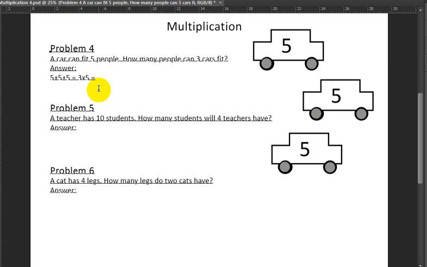I'm going to say the song of 5 until the third number because I'm multiplying 5 with 3. So I would say 5, 10, 15. The answer is 15. And I should write that 3 cars can fit 15 people.